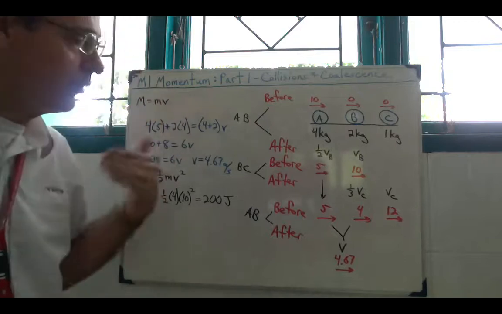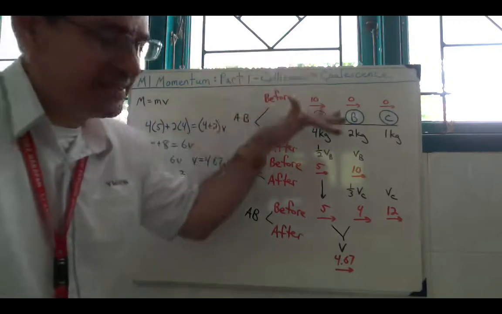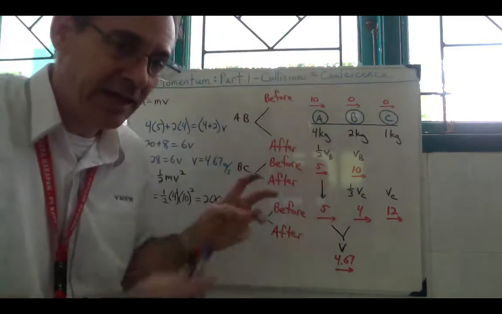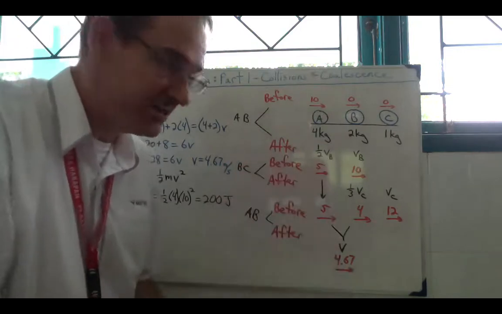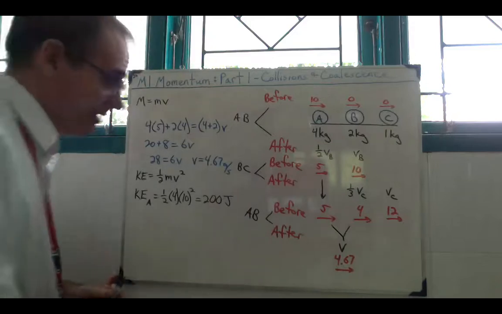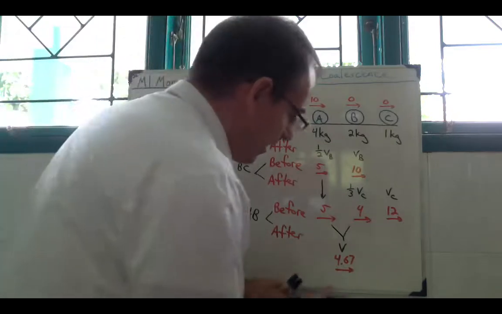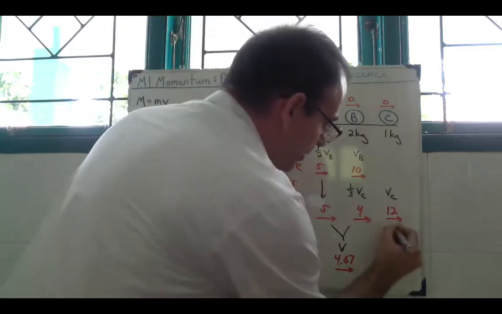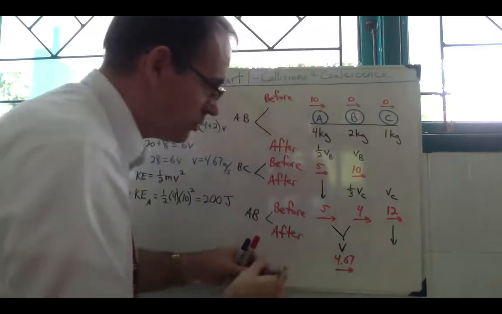Now what we want to do is see what has happened to that energy throughout these collisions and this coalescence. So when we get to the end, we still have, don't forget, our particle C still in motion here.